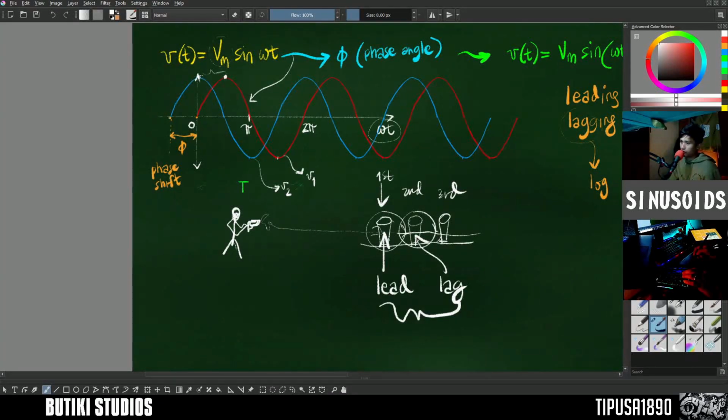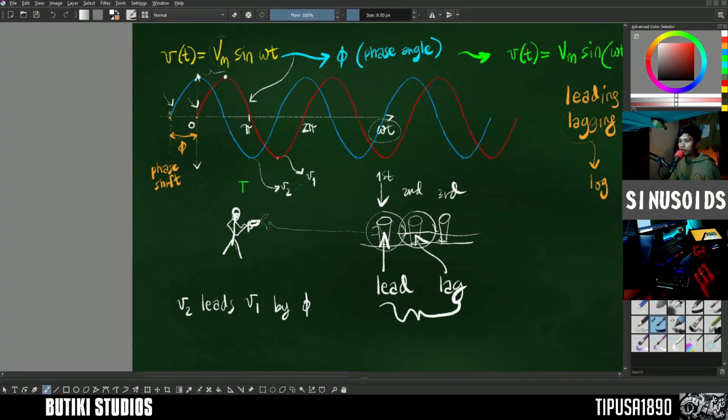Blue gets hit first, meaning to say blue is leading red. Or since we named blue V sub 2 and red V sub 1, we say that V sub 2 leads V sub 1 by phi degrees. That is the distance that separates the two waves.